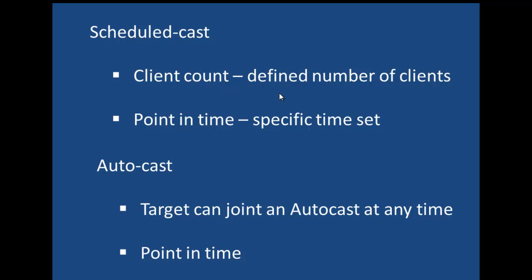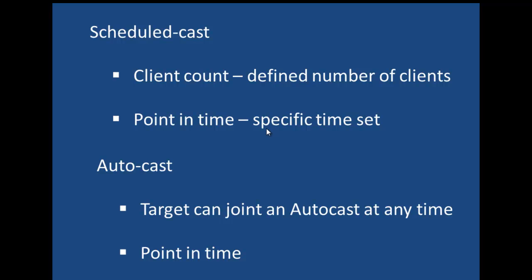But you first have to define that number within the configuration for multicast. Then under the scheduled cast, you also have the point in time. When you specify a specific time, the server will wait until the specified time and begin deploying to the client computers.